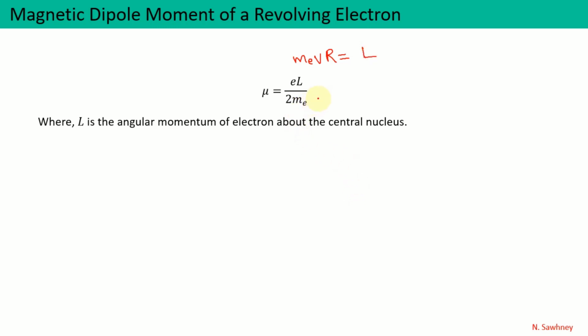This angular momentum is only a mechanical quantity. But if you look carefully while rearranging the terms, this term e upon mass of the electron, that is charge upon mass of the electron, has some importance. This is the specific charge of an electron.